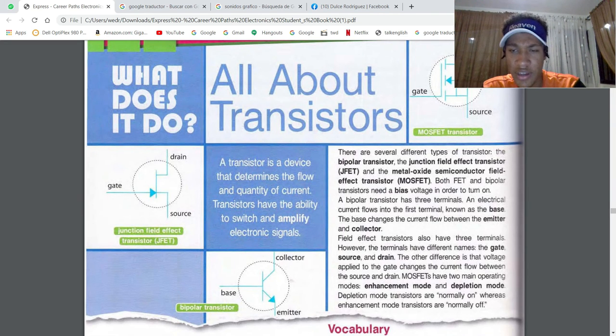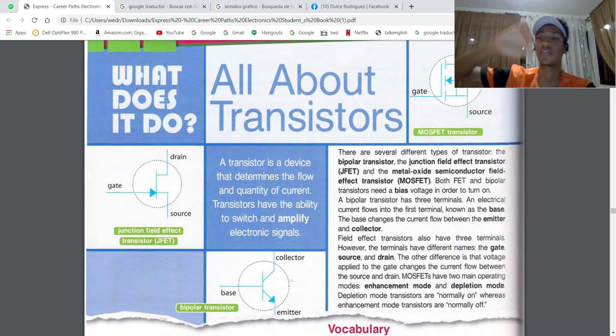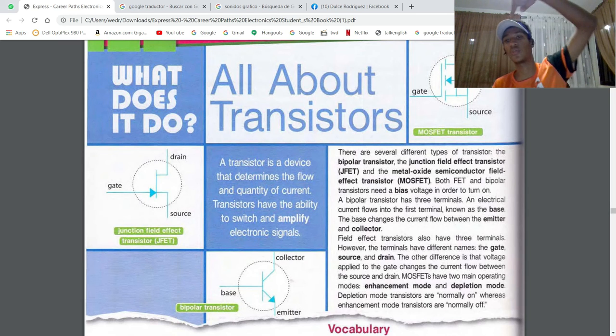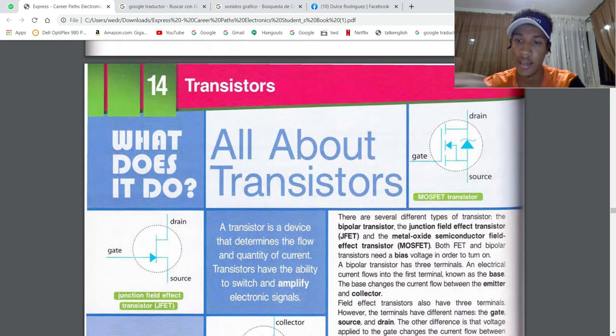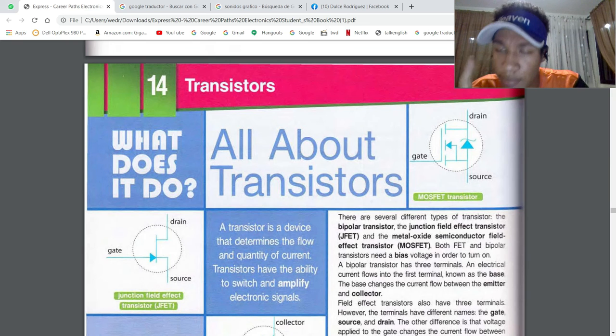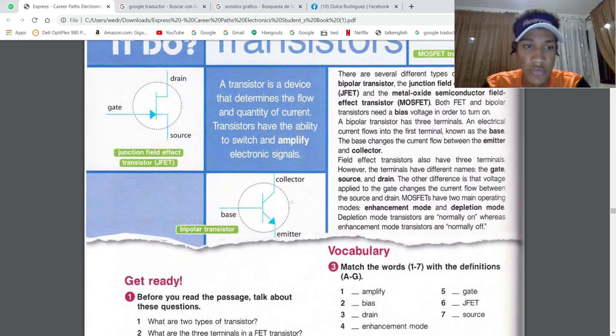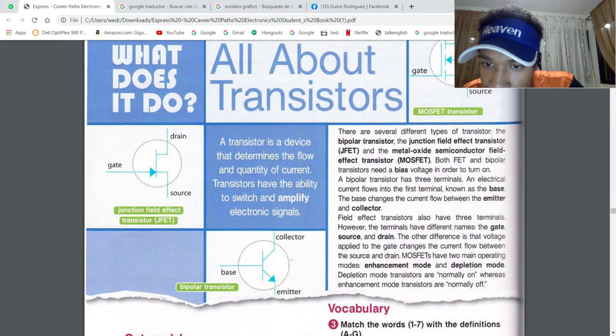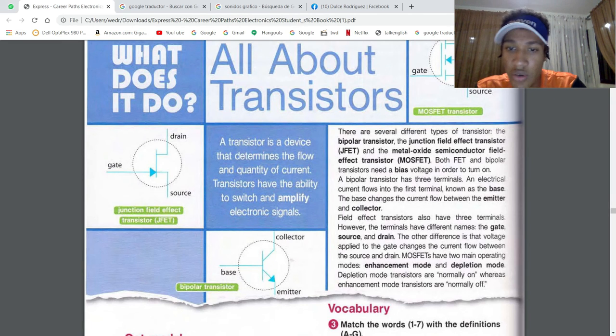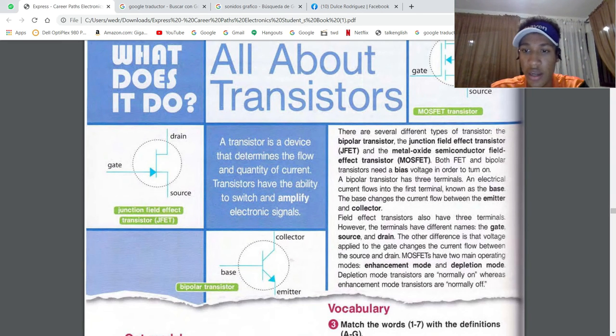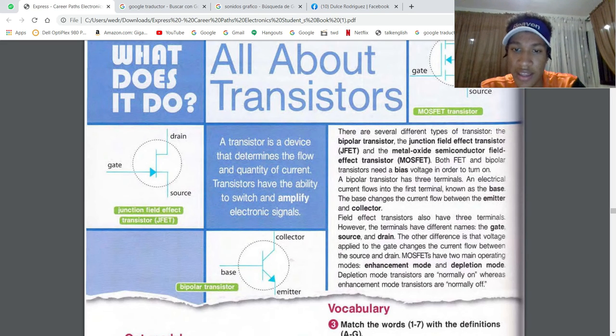With this, you can pass the current in both directions, but in the transistor you can do it in one way, and the MOSFET in one way. An electrical current flows into the first terminal, known as the base. The base controls the current flow between the emitter and collector.